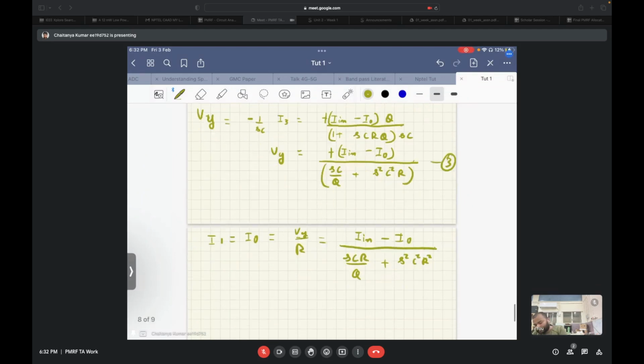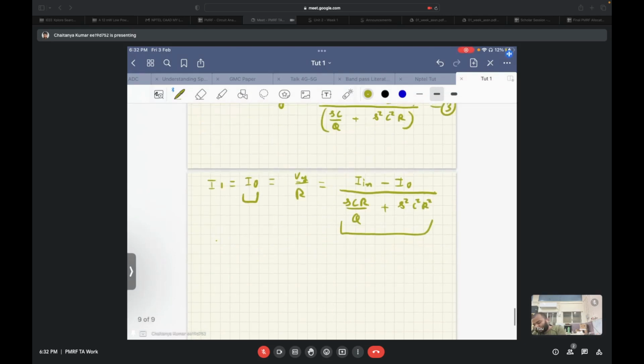And now we can just take this term and equate them. So what we get from here is I0 times 1 plus 1 by SCR by Q plus S square C square R squared, equal to I in divided by SCR by Q plus S square C square R square.